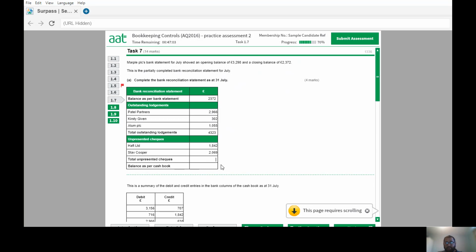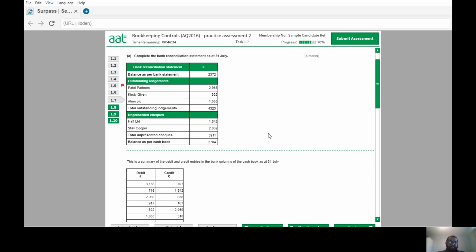The unpresented checks total £3,911. So for the bank statement value, we add 2,372 plus 4,323 and take away the unpresented checks of 3,911. So it's 2784. 2784. That is done.